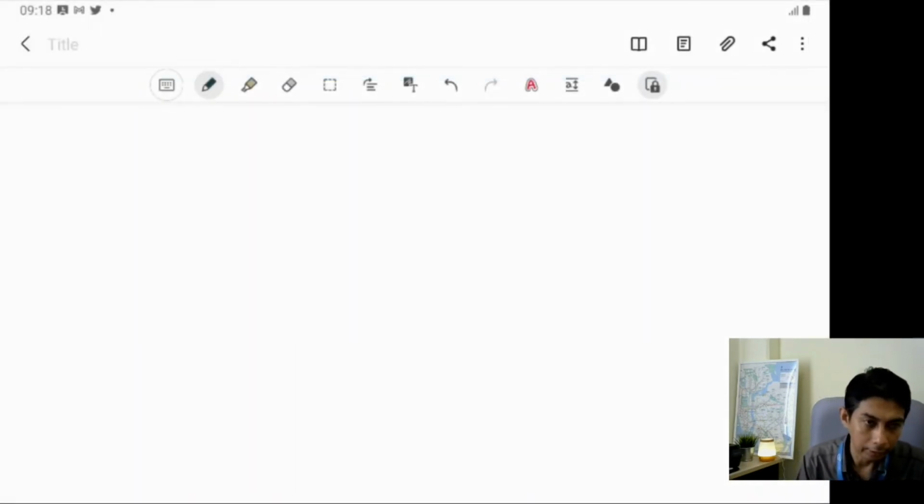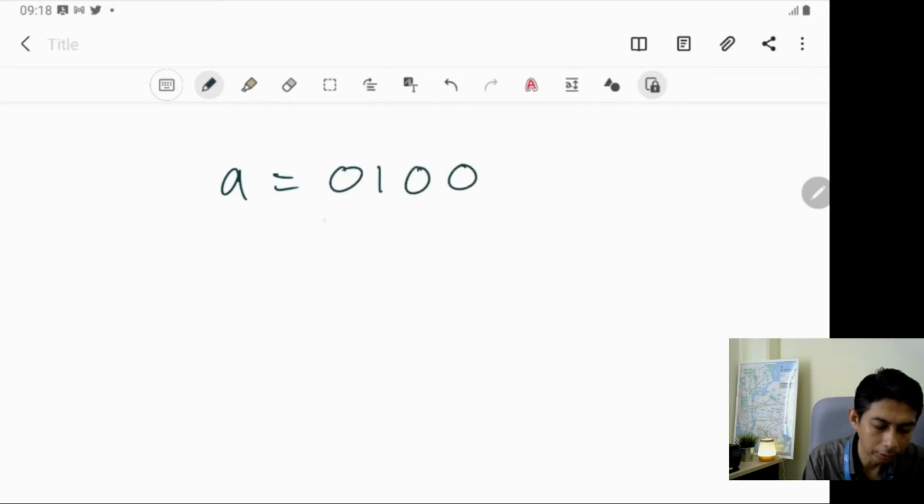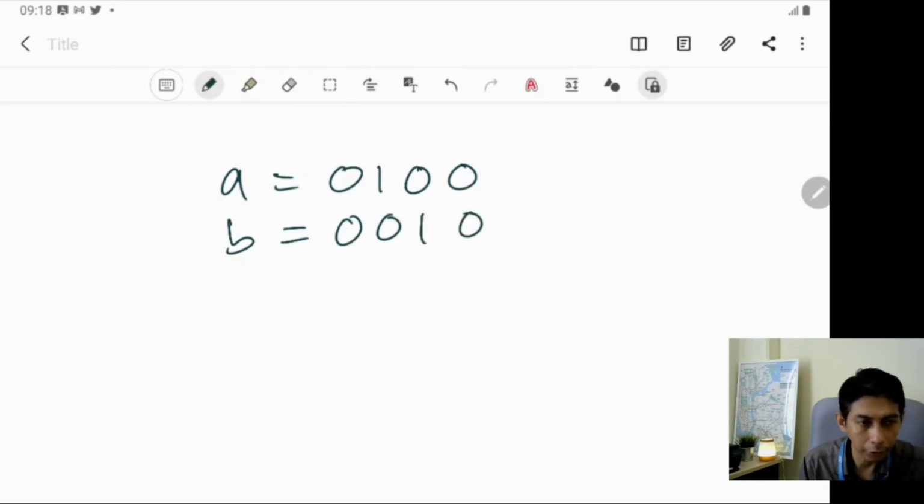For example, if we have A as 4 bit, 0 1 0 0, and B is 0 0 1 0, which one is bigger? Definitely A, because A is 4, B is 2.